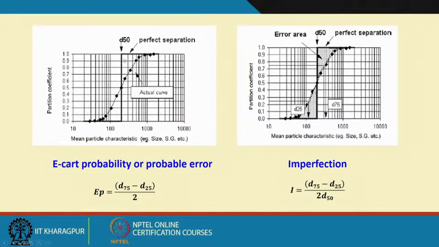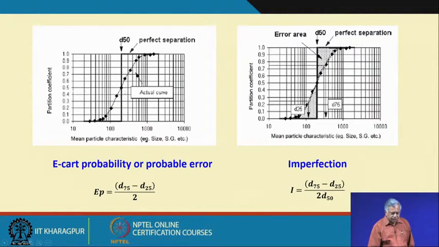So I should have a vertical line instead of this curve, but in actual operation I have got this. Please remember that this definition is based on the D50 concept, the imaginary size at which the screen has given me a 50-50 split of oversize and undersize particles.